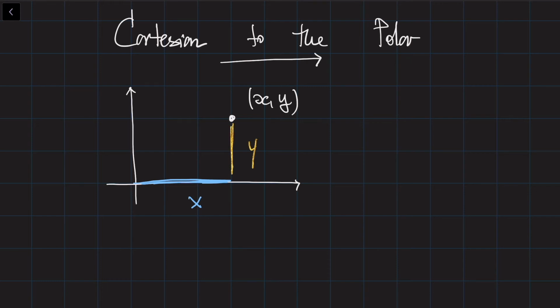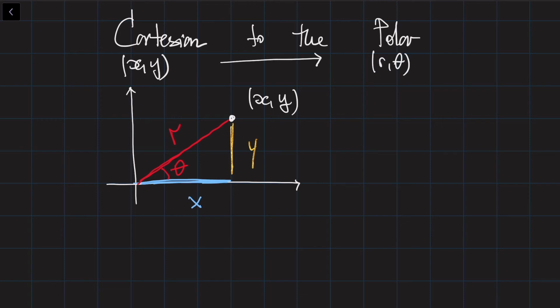At the same time, I know that the length of this line is going to be equal to r, and the angle is going to be equal to theta. So by just using the trigonometric ratios, we can probably find r and theta. So if you're given x and y, how to find r and theta?